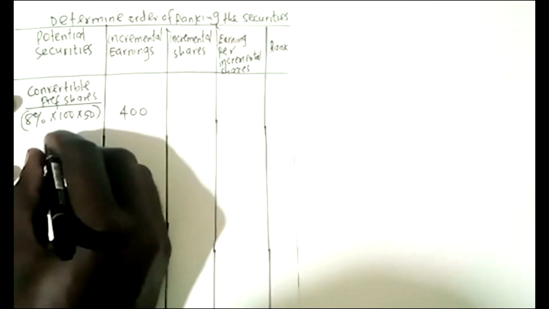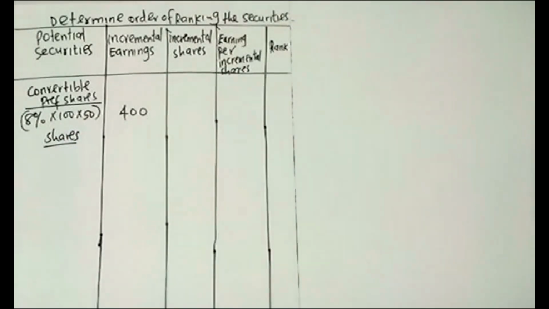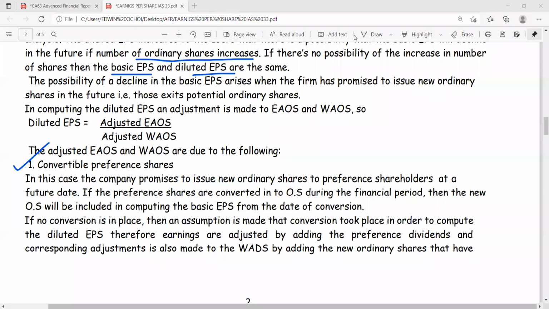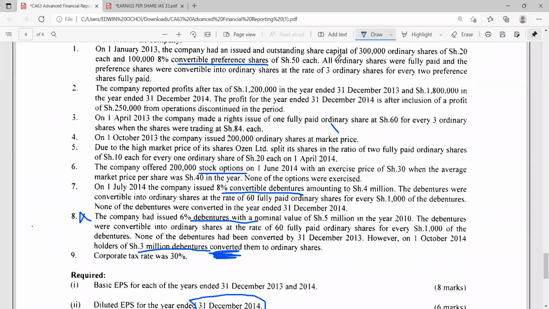Then what about shares? Incremental shares. Remember that we are assuming that this security was converted to ordinary shares. That is why I will have my second column, incremental shares. In which proportion were they converting if they were to convert?